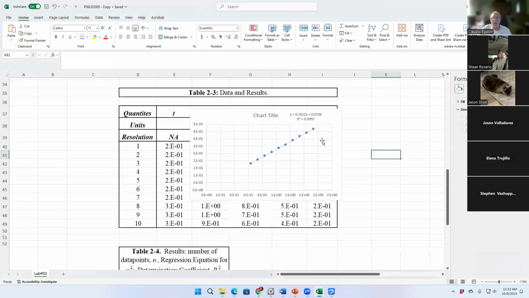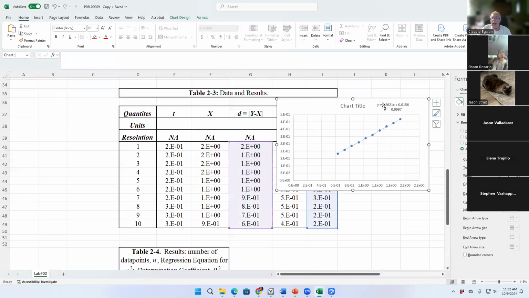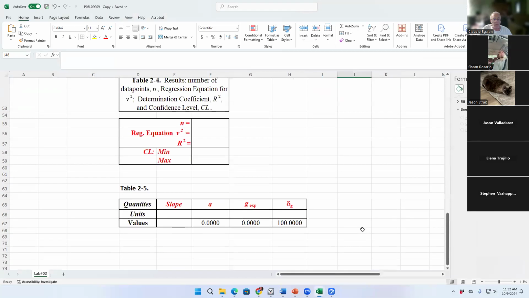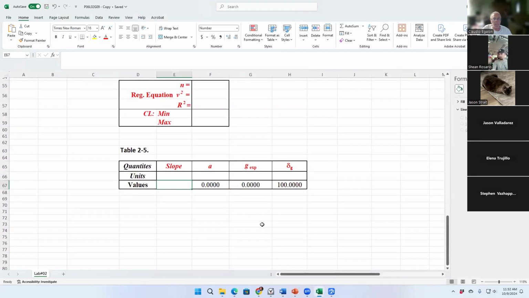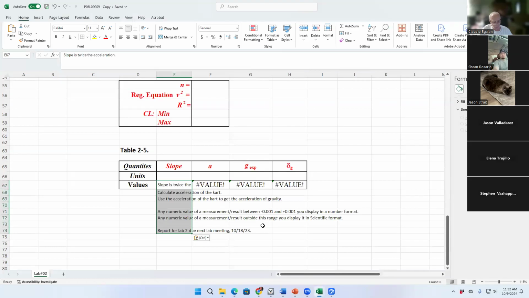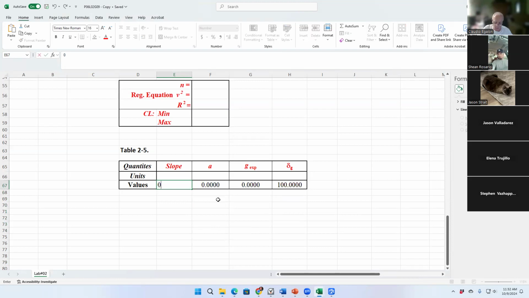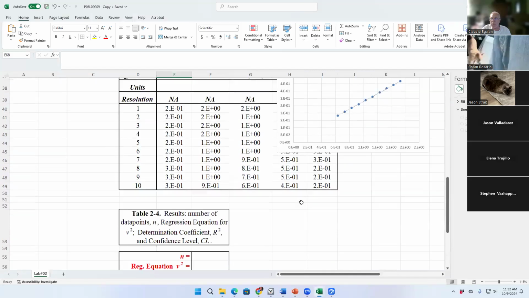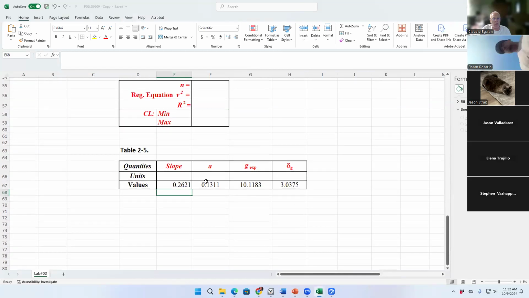We calculate it by getting this slope here, 0.2621, and placing it right in here. Yeah, that's good. And it calculates the acceleration. Acceleration is half of the slope.